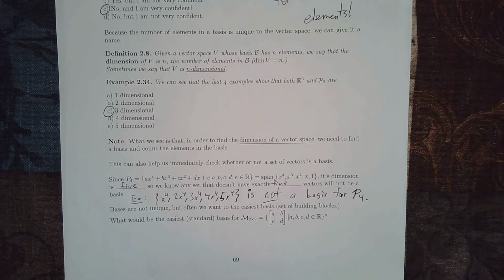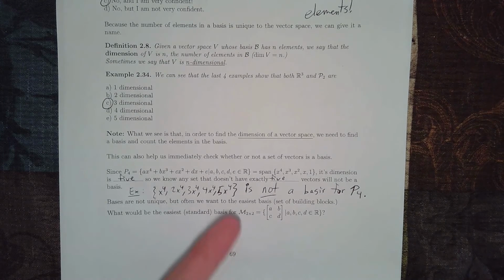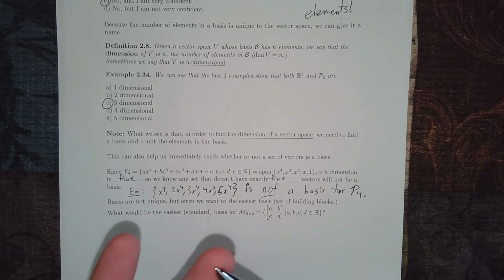So just because we have 5 vectors doesn't mean we're a basis. We need to also verify that we are a spanning set and are linearly independent.